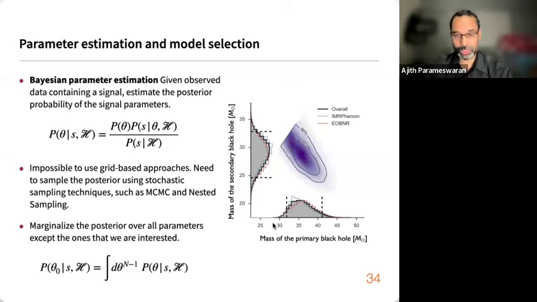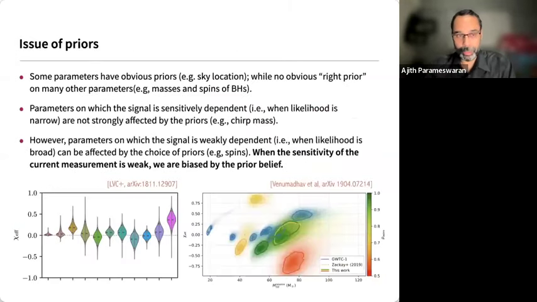This, for example, shows the marginalized distributions of the masses of the black holes observed from the first gravitational signal. So, for example, with 50% probability, we can say that the masses are lying in this region. While if you want to increase the confidence, the uncertainty actually increases like this. So that's about parameter estimation.